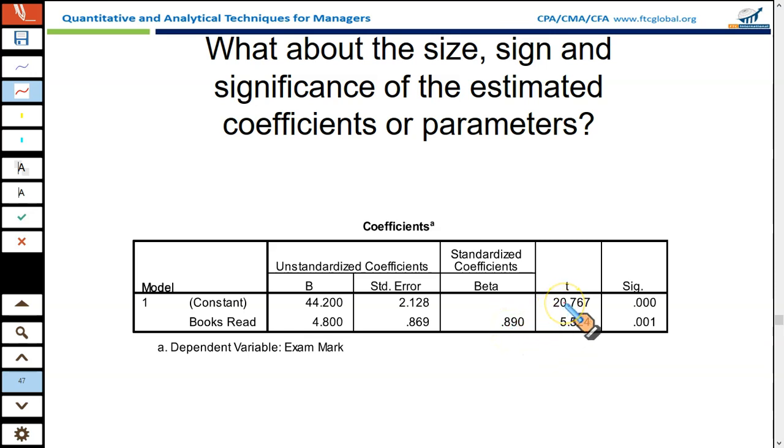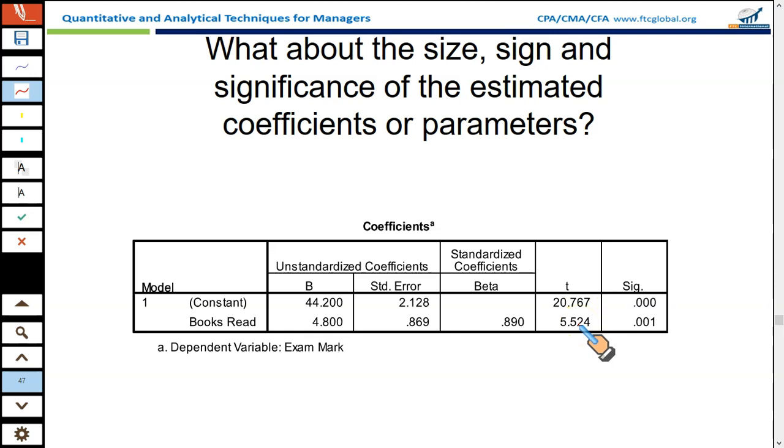Okay, what else do we have? Then we have a T statistic for constant. This is the value we use to test the null hypothesis that a coefficient is 0, I mean it has no effect. A larger absolute value indicates a strong divergence from 0. So the constant has a T value of 20.767 and the books read has a T value of 5.524.